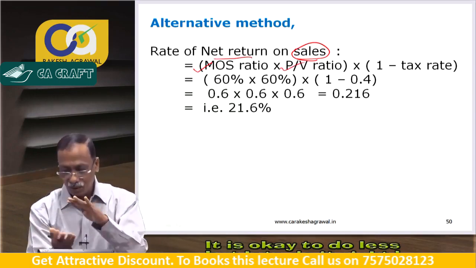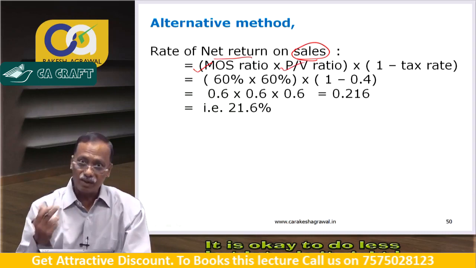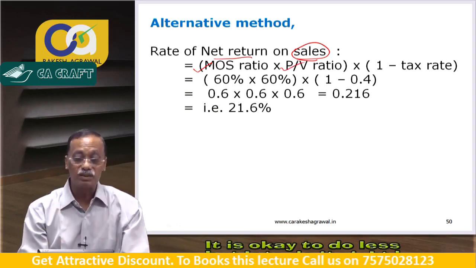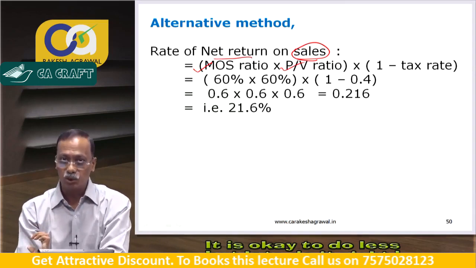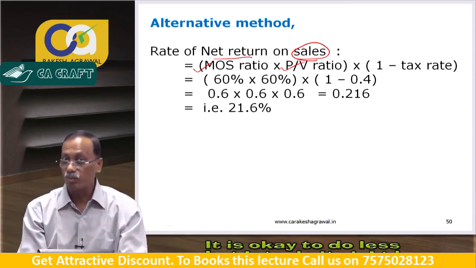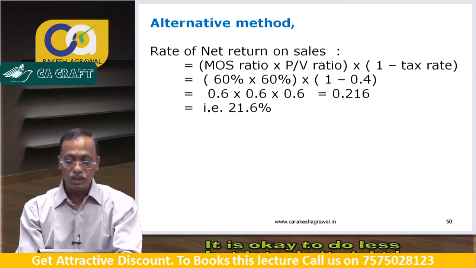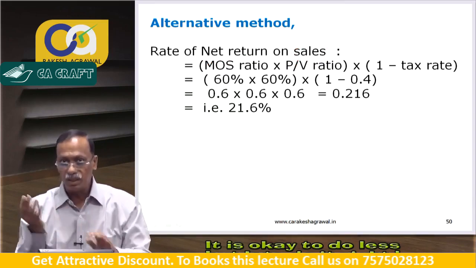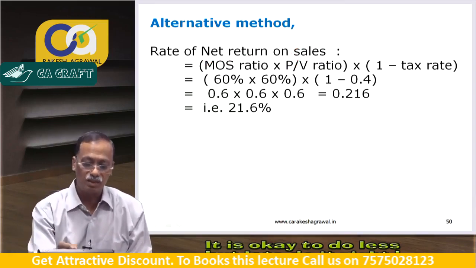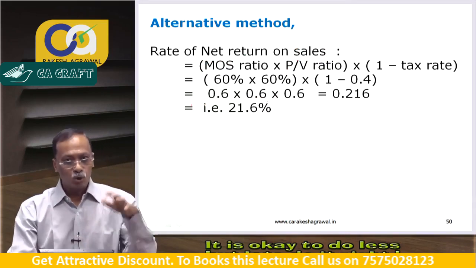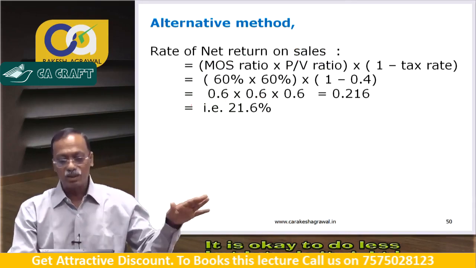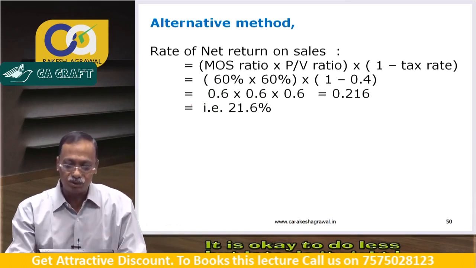For PV ratio the denominator, the base, is sales. And the final answer you also want as a percentage of sales. Therefore it is working. If the bases of the different ratios are different, then the formula won't work. Fortunately, the denominator for all of them is sales, and therefore you got the final answer 21.6% of sales. So though the earlier route was longer, that route is safe as compared to this route.